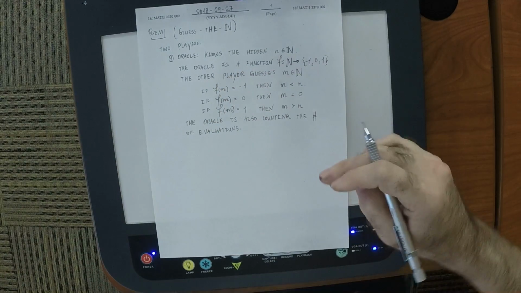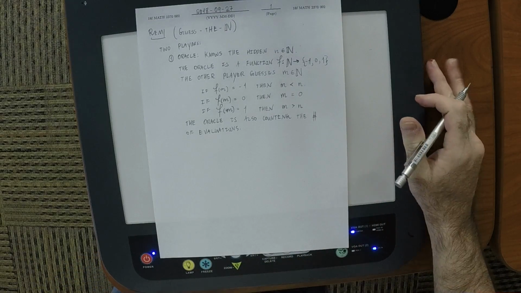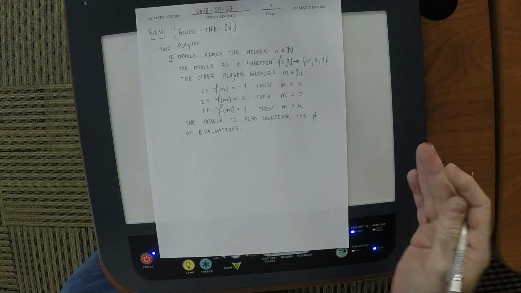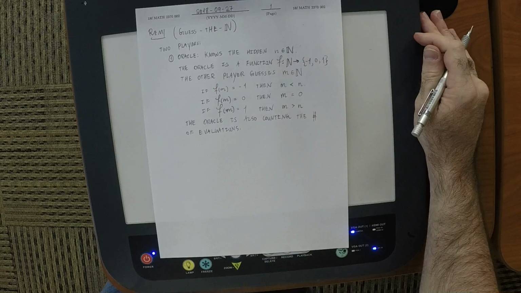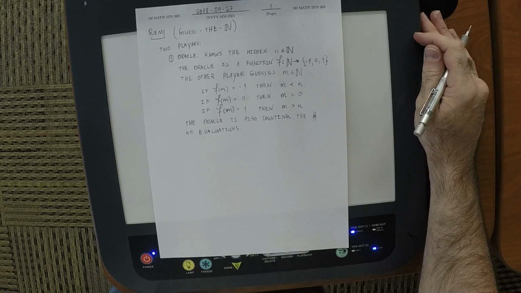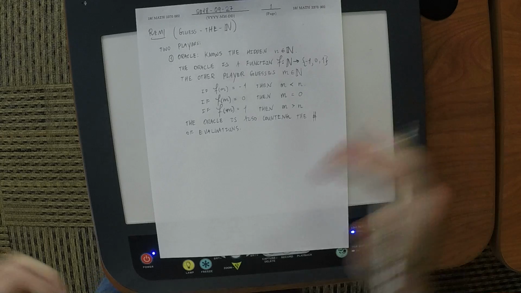So the way the assignment is going to work is that I've written the oracle function. In reality, what I actually wrote is a function that makes an oracle. So you can call a function to make an oracle, and then the result will be another function.